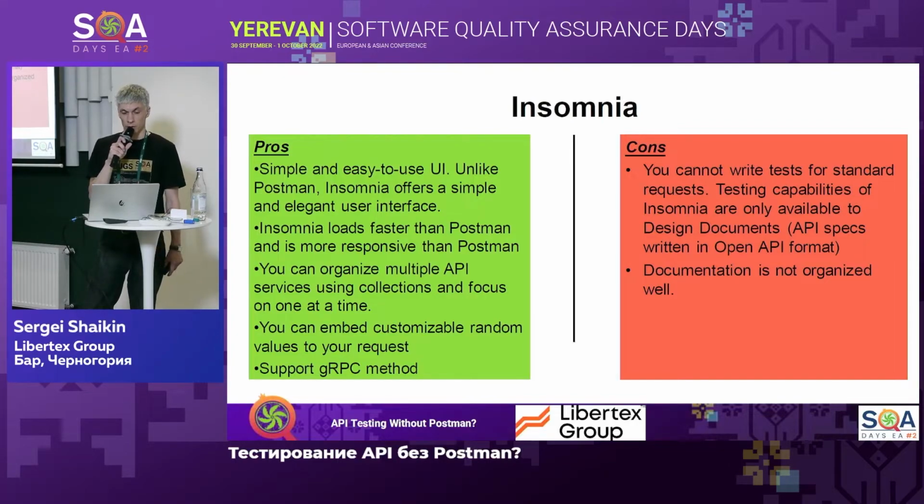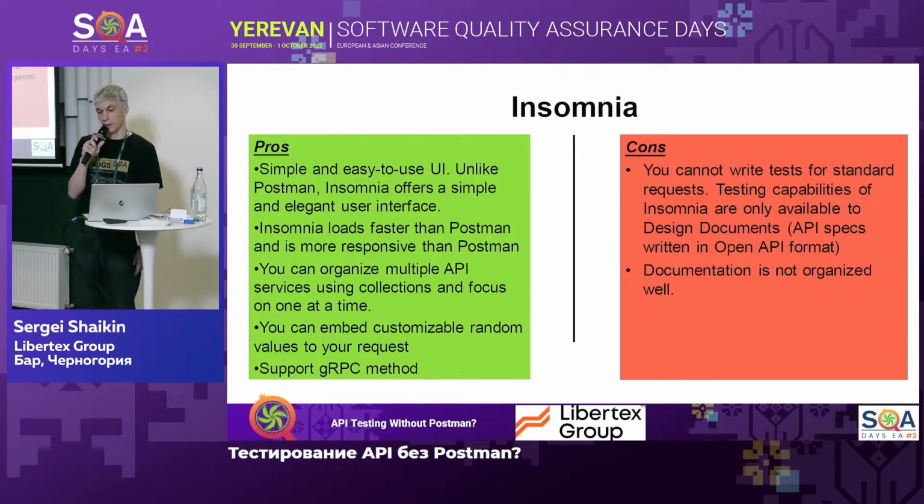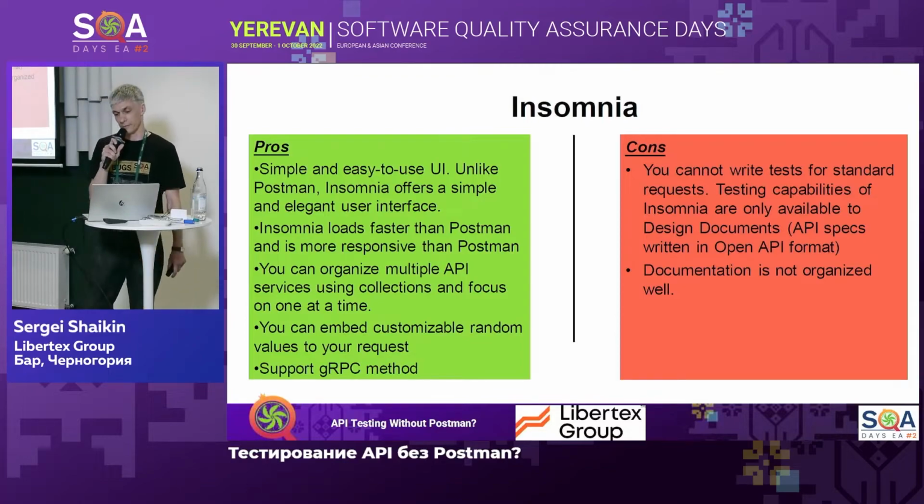Insomnia loads faster than Postman, but I think it's possible to check if you need. Also, Insomnia supports a gRPC method. It's also a plus in our work.